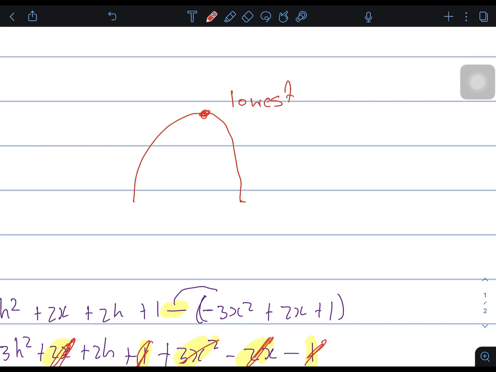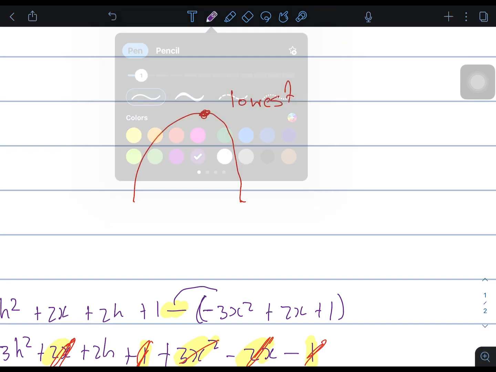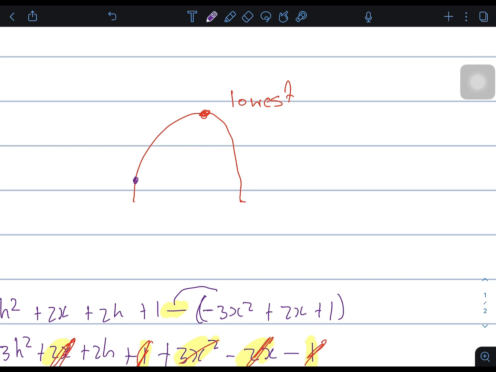But the gradient upper is at its higher. Sorry, let me use a different color. The gradient at this point, now these points are at their highest. The gradient of a curve is not constant like the gradient of a straight line.